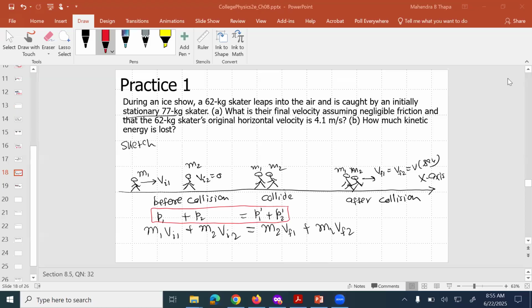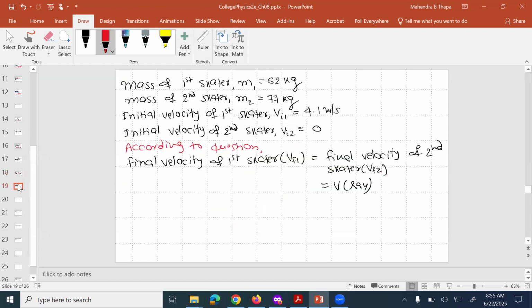So if we consider M1 and M2 as one system, as before, no external force. So you can write total momentum before and total momentum after, they're equal. Let's plug the numbers in that equation.